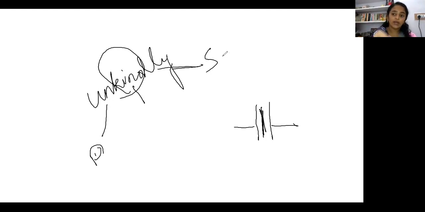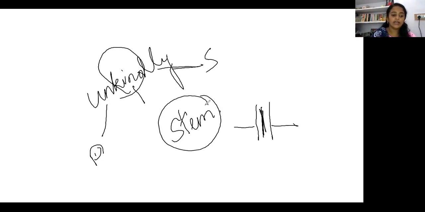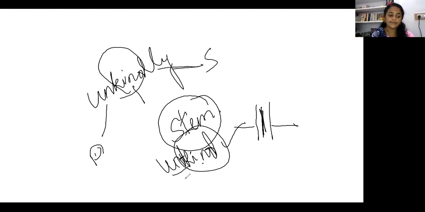Now, here's one more thing that you need to learn, a word called a stem. It comes with roots and affixes. The form to which an affix is attached is called a stem. Thus, in a word like unkind, kind is the root, but it is also called the stem because it is the stem to which this morpheme un is attached.